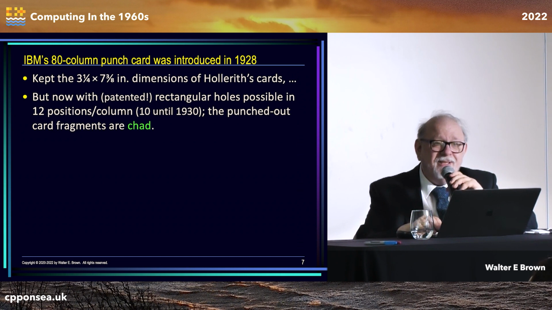Yes, patented rectangular holes. I know. It seems amusing, doesn't it? Yes, patented rectangular holes in 12 positions per column. There were 80 columns. The fragments that are punched out are known as chad.